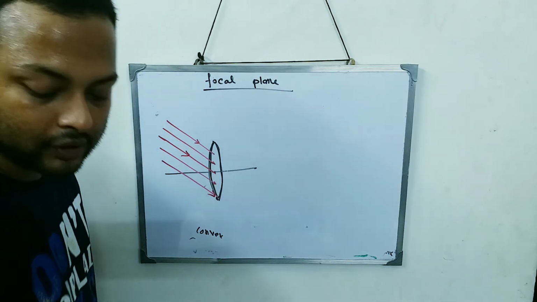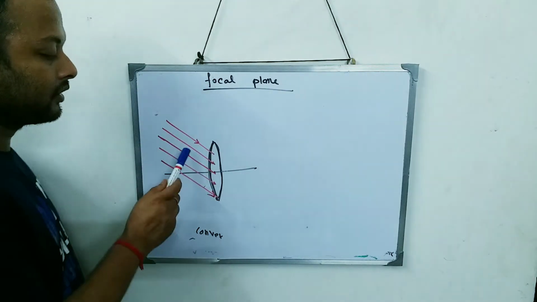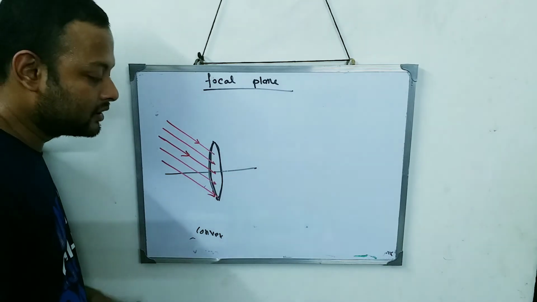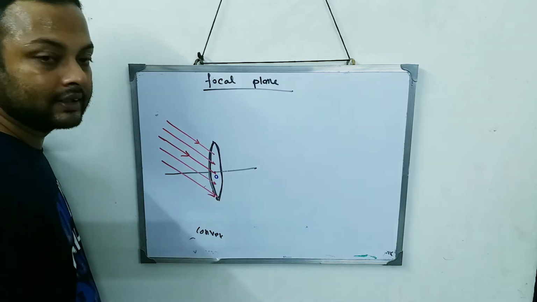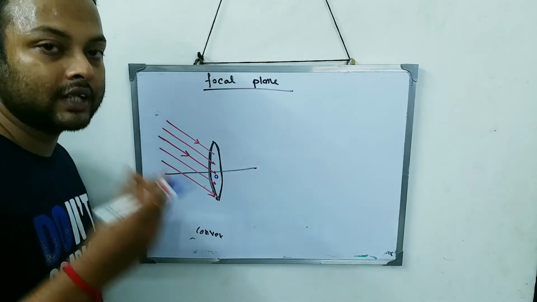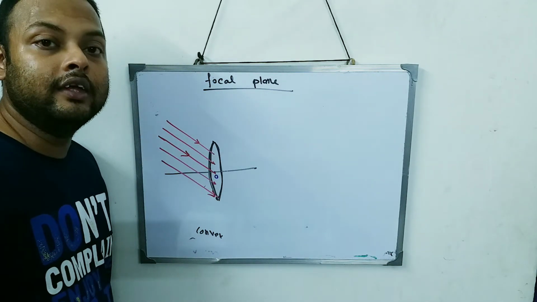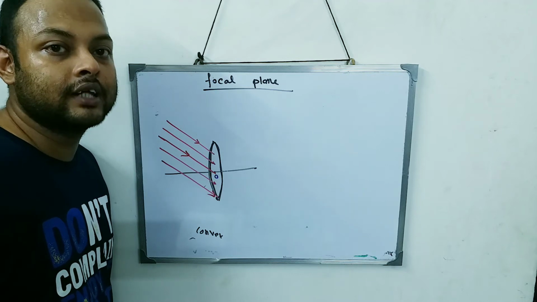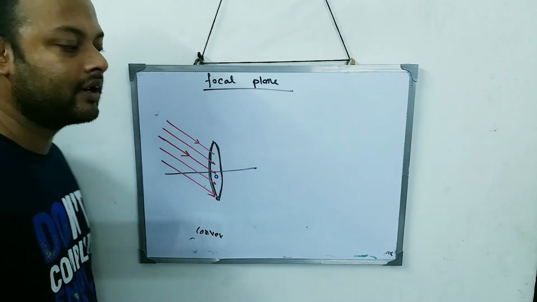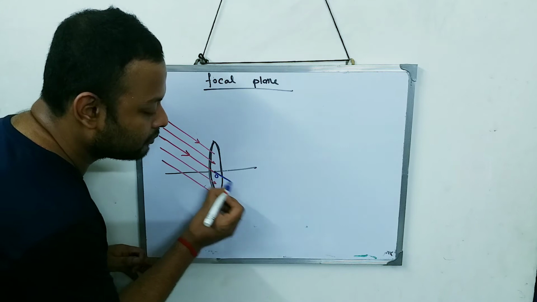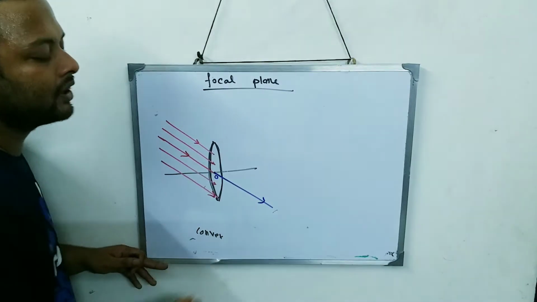Now, what will the rays do? Talking about the middle ray, this ray happens to pass through the optical center, and we have just learned in lecture 2 that any ray that is passing through the optical center will pass undeviated. So how will this ray pass? It will pass undeviated without any disturbance, okay?